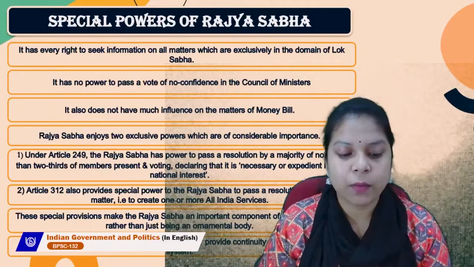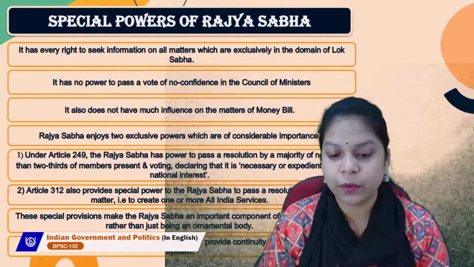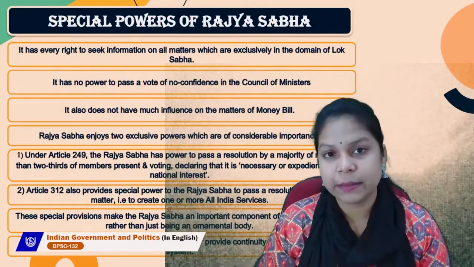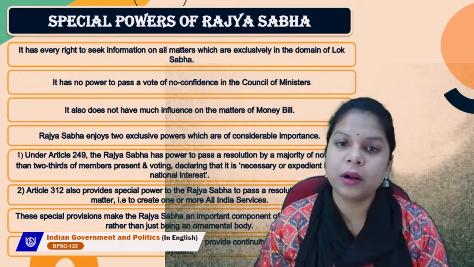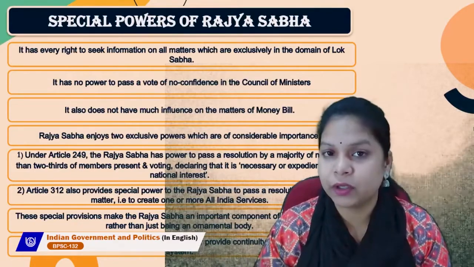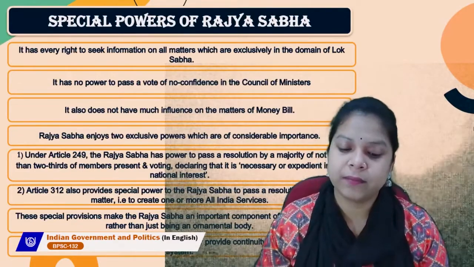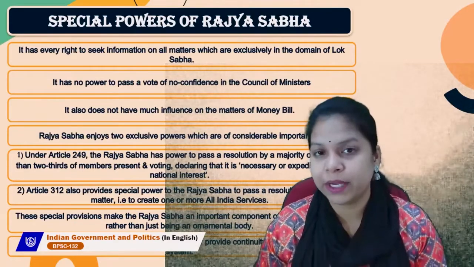Its compact composition and permanent character provide continuity and stability in the system. Because Rajya Sabha cannot be dissolved, it provides continuity and stability in the system.